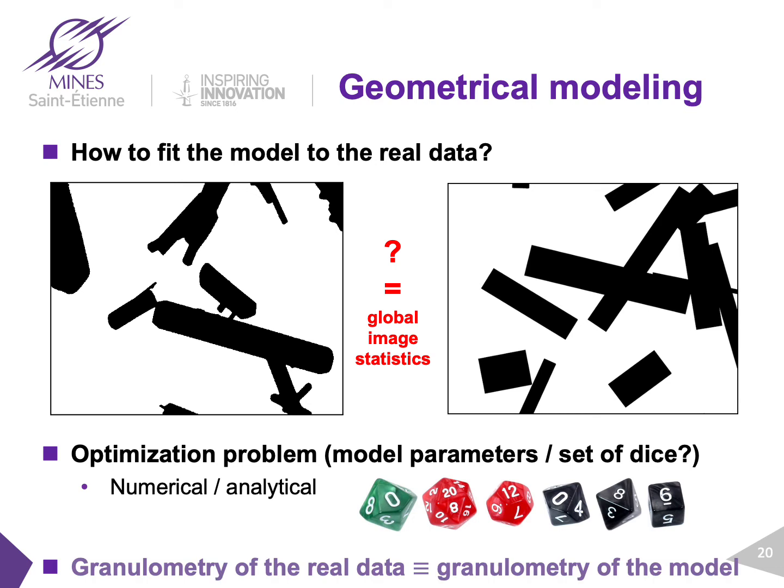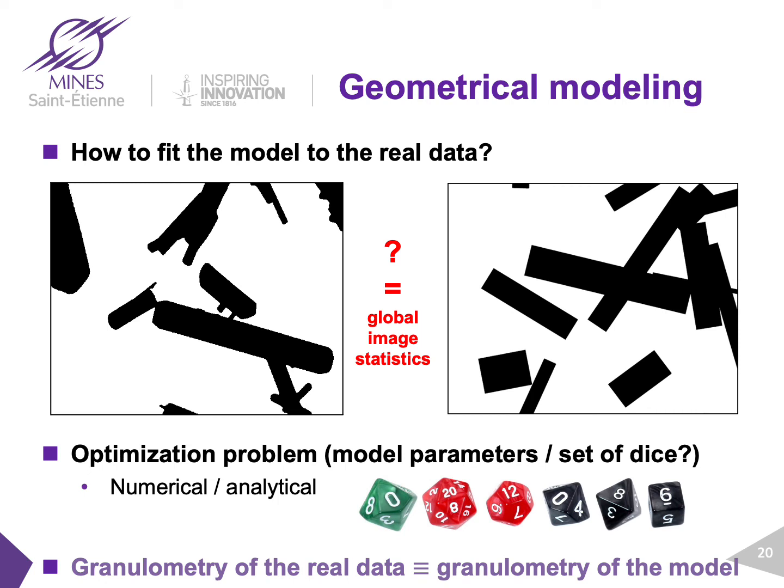And so at the end, if it is possible to fit the model to the real data, we can consider that the granulometry of the real data and the granulometry of the model are the same, because you have similarity between these two kinds of images.